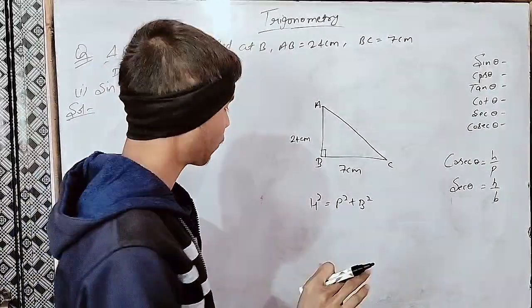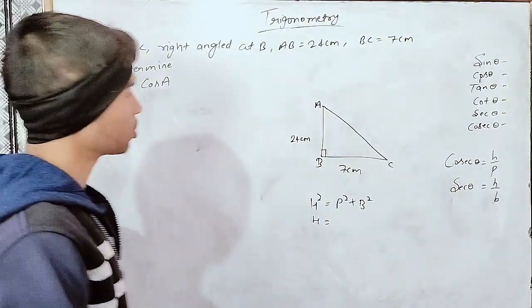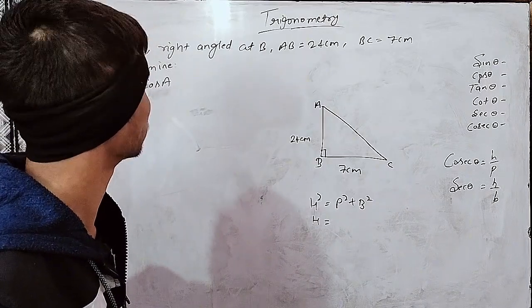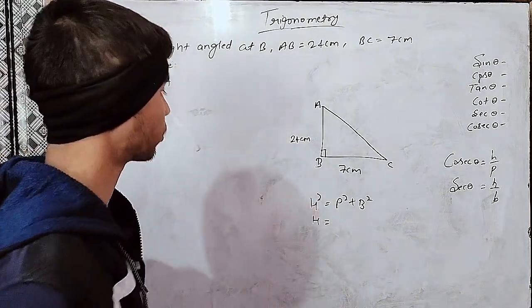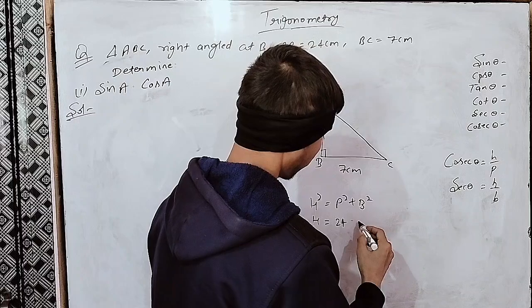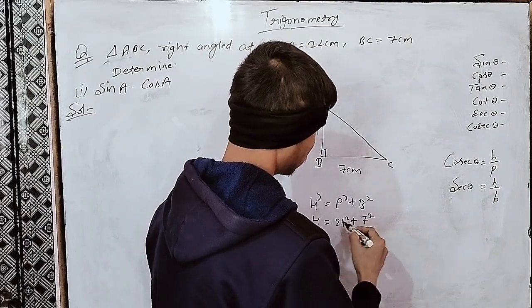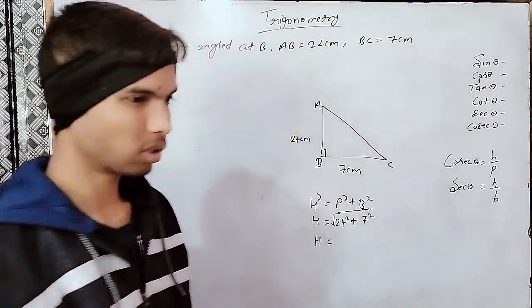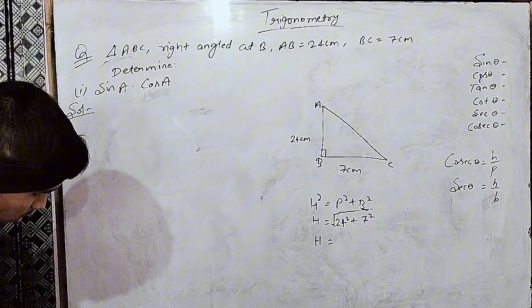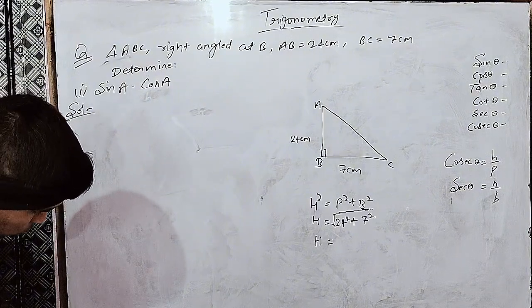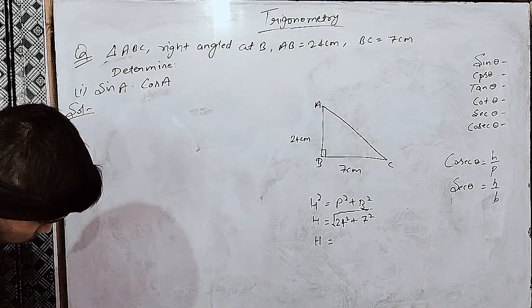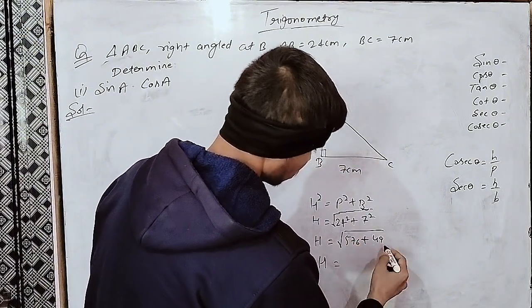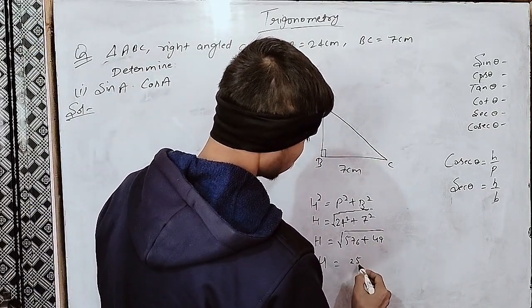So we don't have the value of hypotenuse. We already know P is 24 centimeter, then B is 7 centimeter. 24 squared is 576, plus 49, is 625.